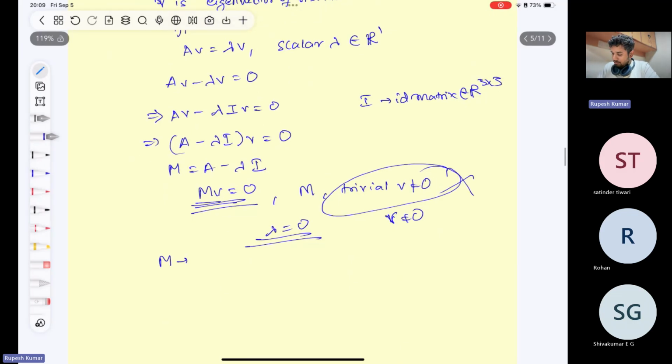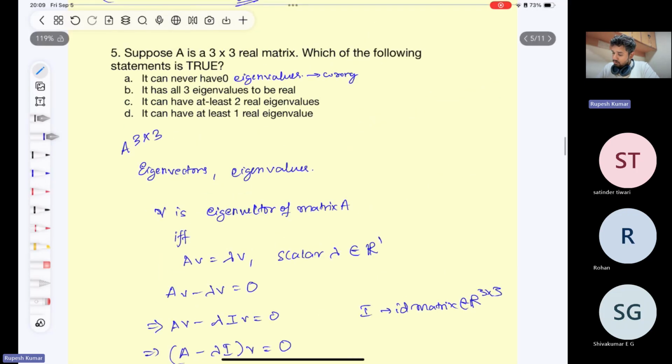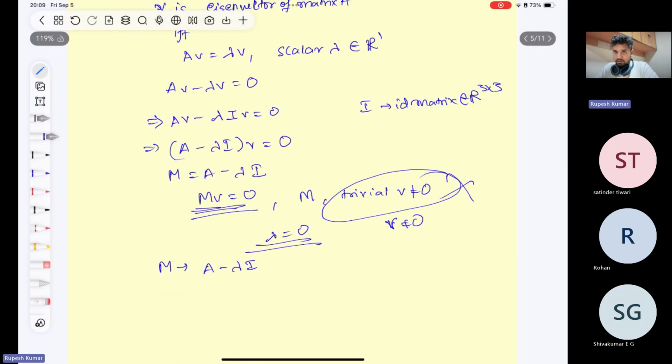How does matrix M look? It is the matrix A minus lambda I. Now A minus lambda I times V equals 0. If V is not 0, if we are not considering the trivial solution and other solutions exist, the determinant of M has to be 0. Am I right?